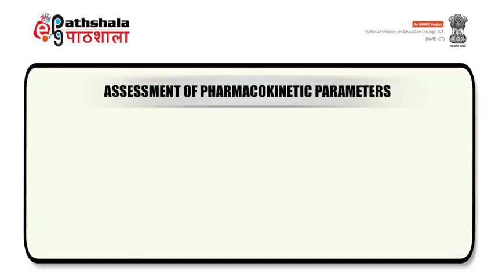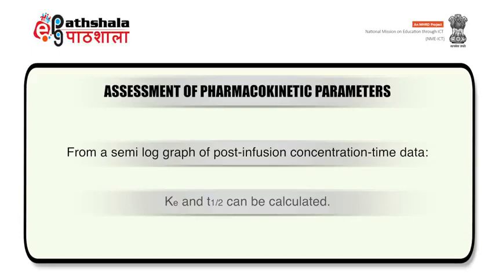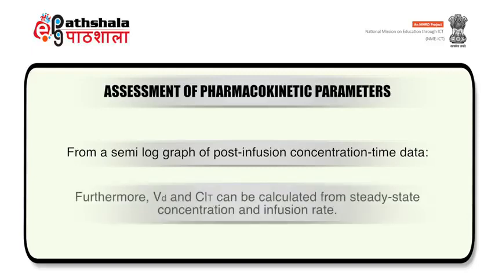Now coming to assessment of pharmacokinetic parameters from a semi-log graph of post-infusion concentration time data, first order elimination rate constant and elimination half-life can be calculated. Furthermore, apparent volume of distribution and total systemic clearance can be calculated from steady state concentration and infusion rate.